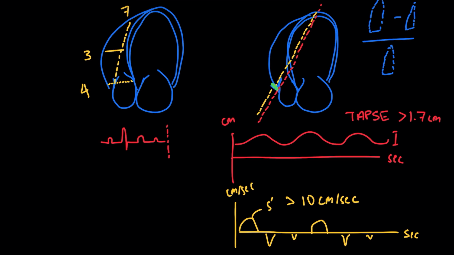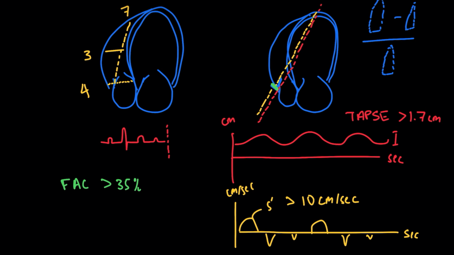That is the fractional area change, and a normal fractional area change, FAC, would be greater than 35%. Let's move this a little bit. I'm going to write this down here. Fractional area change should be greater than 35%.